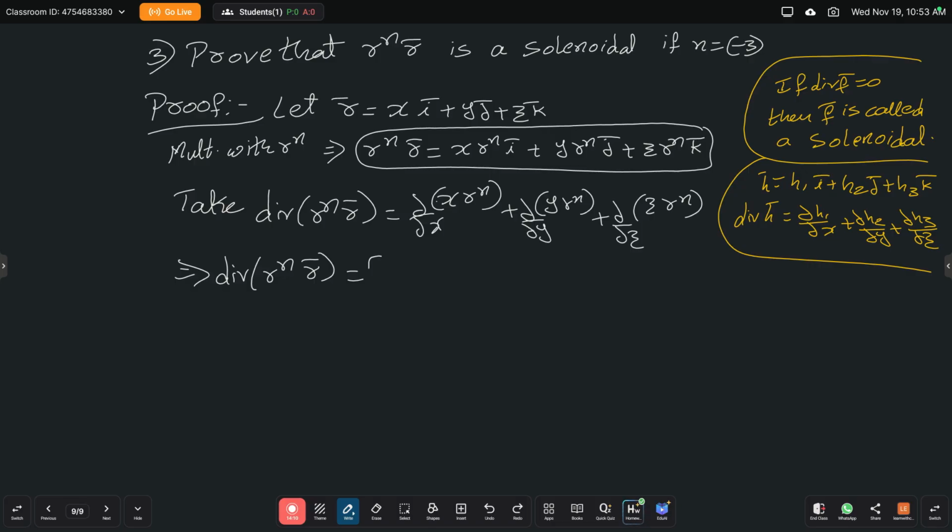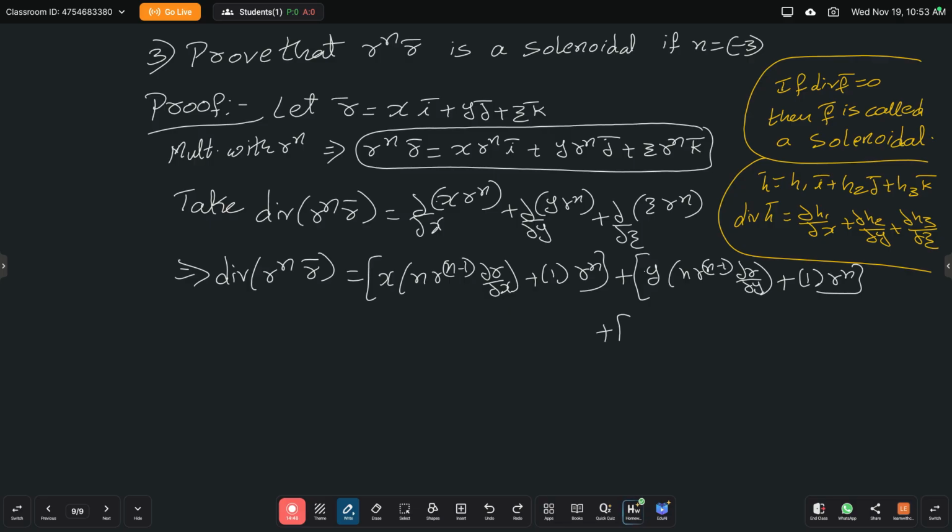So what is that? u into v dash: x into r^n derivative is n r^(n-1) ∂r/∂x, is the first term, plus u dash is 1 into v, v is nothing but r^n. In the same manner the second term: u into v dash, v dash is n r^(n-1) ∂r/∂y, plus u dash into v.